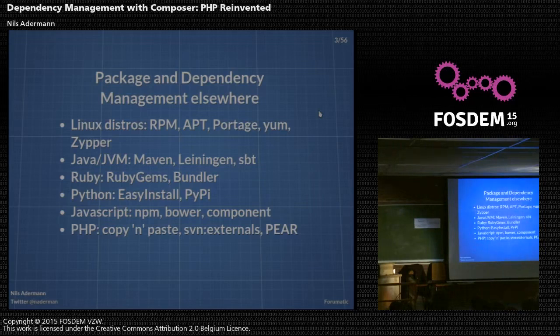Or maybe download the zip file, extract some directory from it, because you don't want that whole project that's not offering individual packages, but rather just some huge monolithic application. There was a time where Subversion was pretty popular. SVN externals was one of the things that was actually used quite widely in the PHP world. And there's always been PEAR.